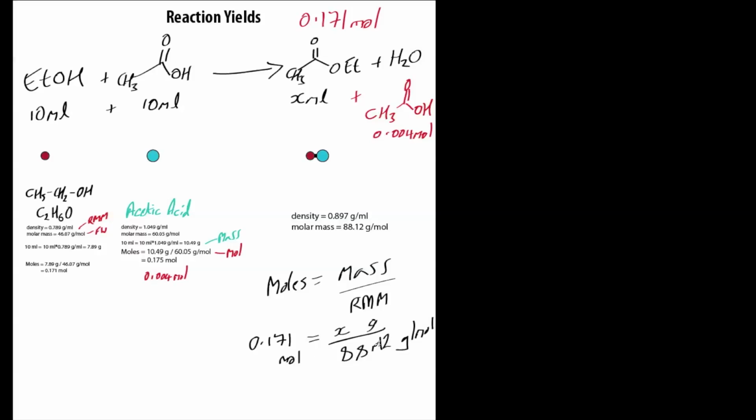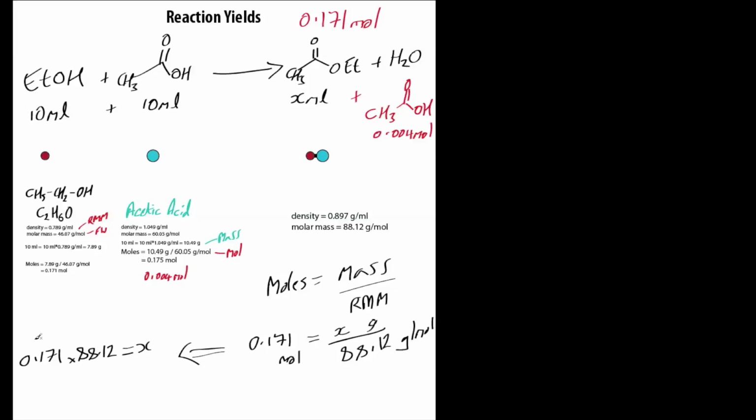Now what I need to do now is multiply both sides by 88.12, and in doing that, this equation then goes to 0.171 multiplied by 88.12 equals x. Okay, that'll be our mass.